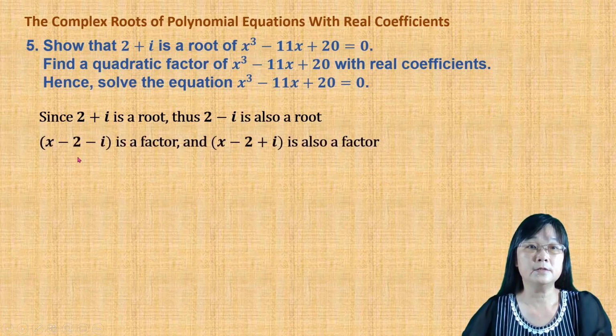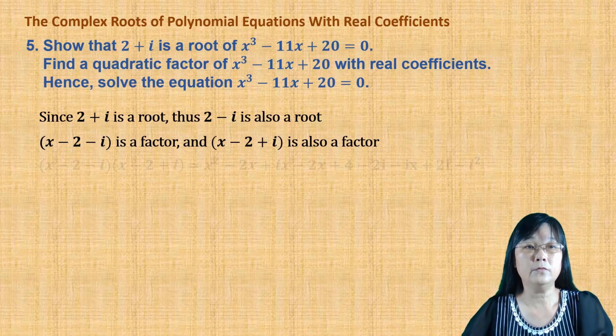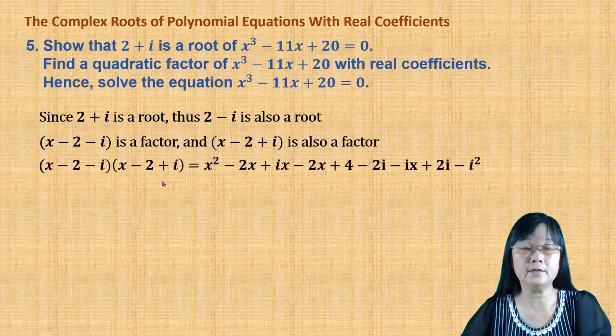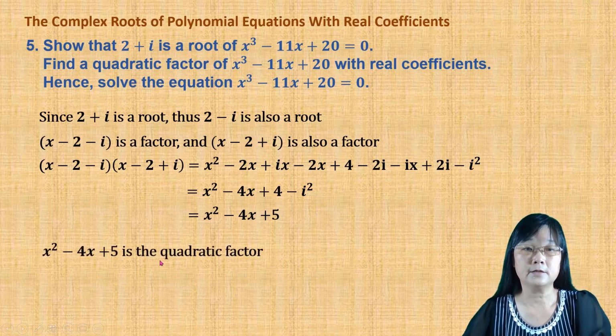So we will have two complex factors. One is x minus 2 minus i, the other one is x minus 2 plus i. When we combine these two factors and simplify, we find that it is equal to x squared minus 4x plus 5. So this is the quadratic factor of the polynomial.